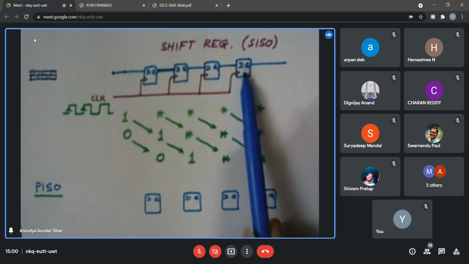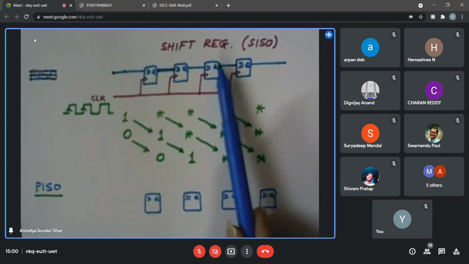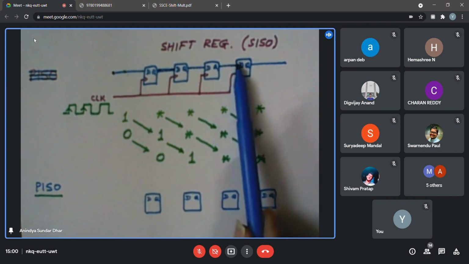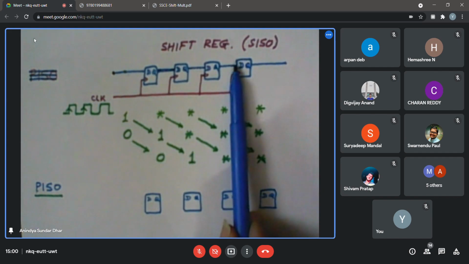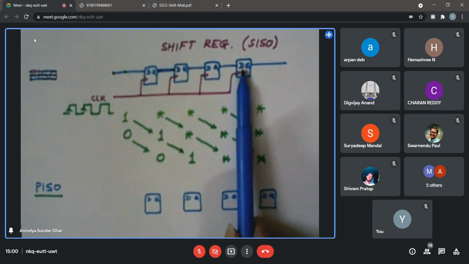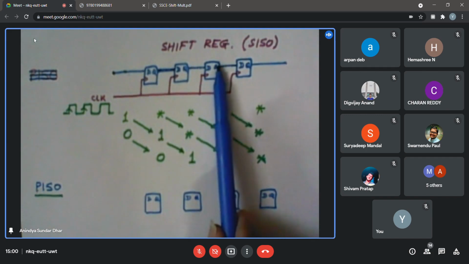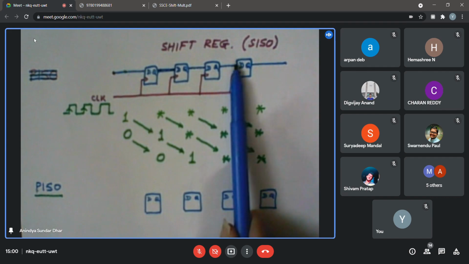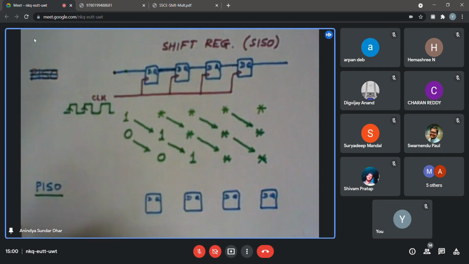What will it do? Should it get the input from its neighbor as a shifting process, or should it load whatever I am supplying from outside? So it must be in a dilemma about what to do. Should I load it in parallel from the outside, or should I get this value to be shifted? So how do you solve that problem?